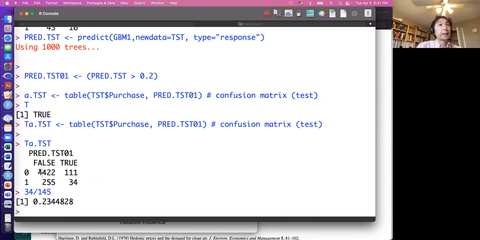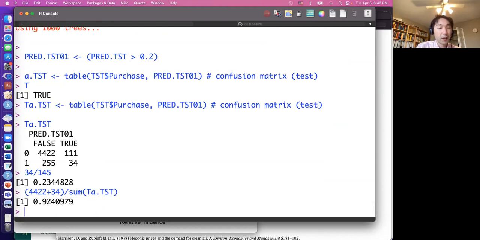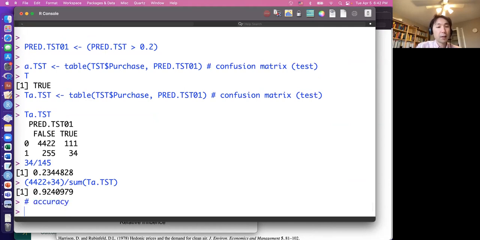So you can see that the accuracy is not high. It is 4,422 plus 34 over the sum of all these numbers, so the total should be 4,822. This is the accuracy. An accuracy of 92.4% does not make sense because the majority of people don't buy the product.